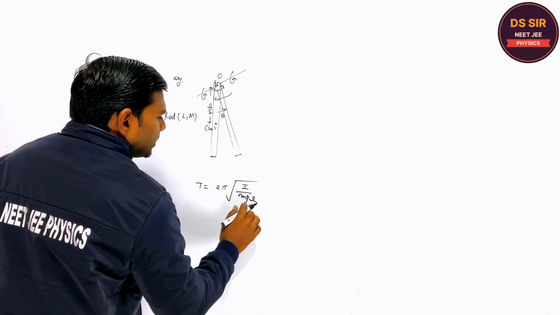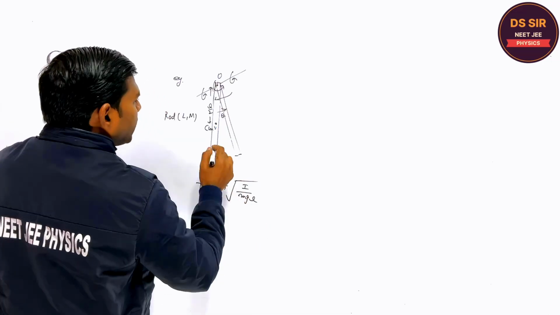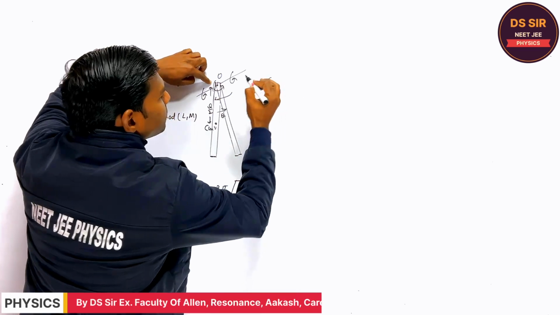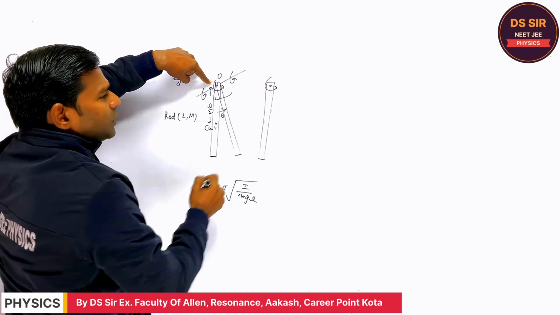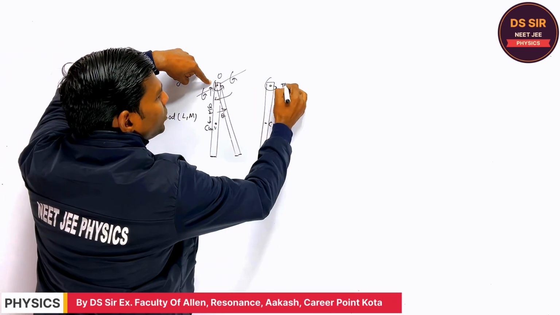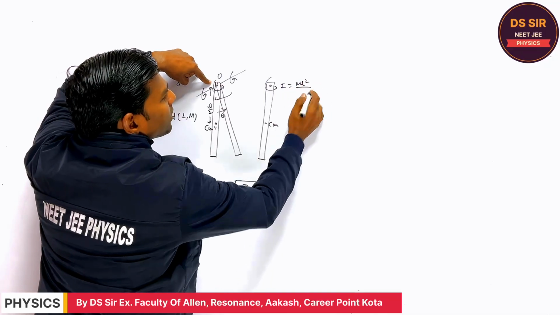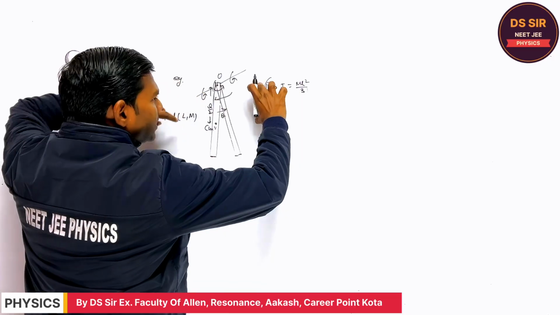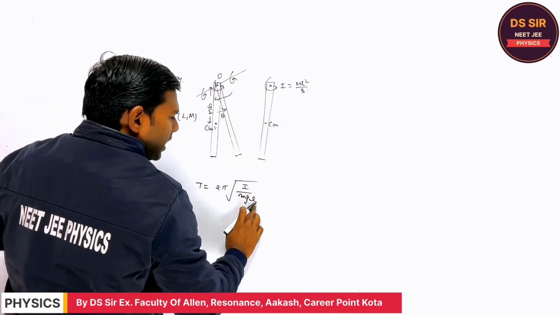So what is the moment of inertia of this rod about this axis of rotation, about one end? Do you remember? It is ml square by 3. And this length L is L by 2.